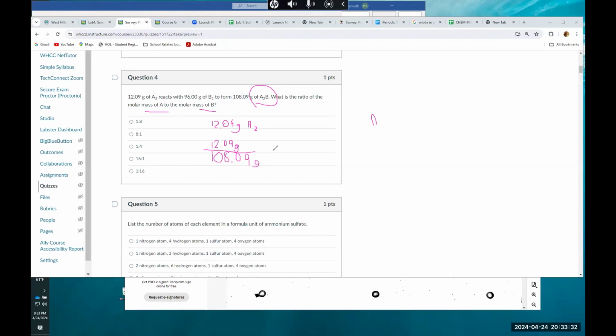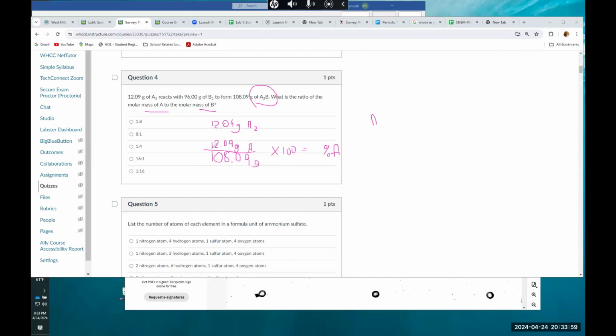That would give us our total A compared to everything, or our percent of A.